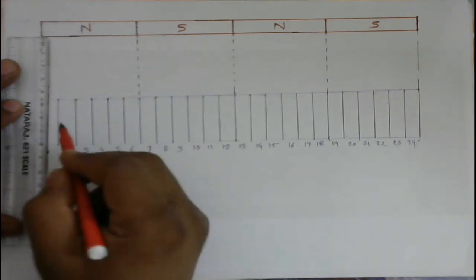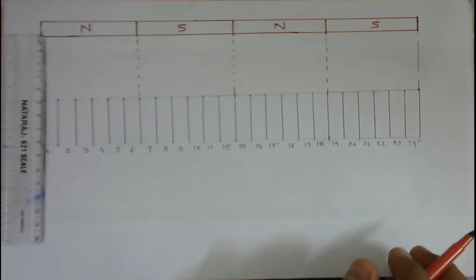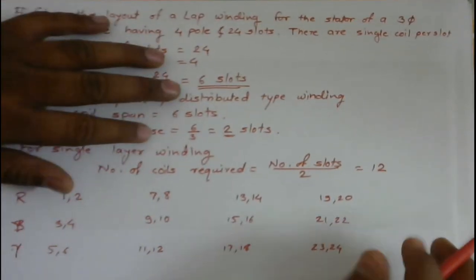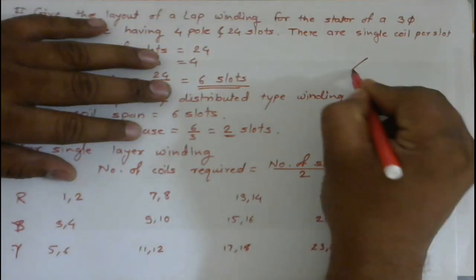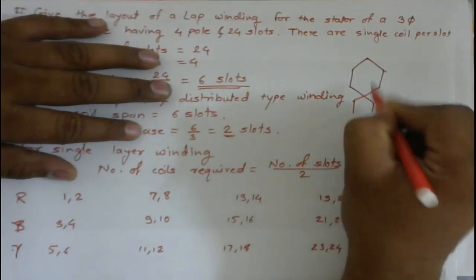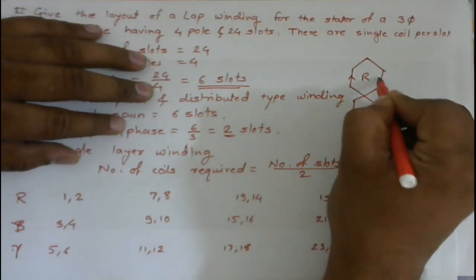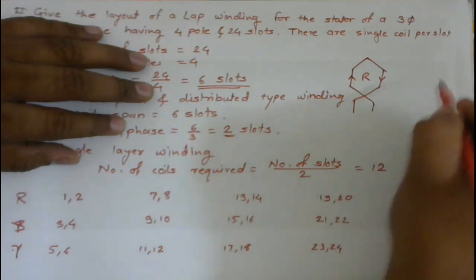So for R phase, in case of 3-phase winding we are having 3 coils, and as per the previous video we will consider that the time instant at which in R phase in coil side 1 current is flowing upward and in coil side 2 current is flowing downward.